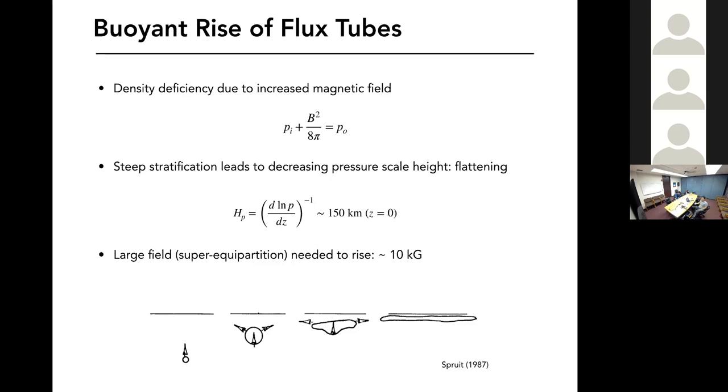This is the so-called equipartition energy, and the magnetic field required to reach it is on the order of 10 kilogauss in the deep convection zone. So in order for your flux tube to stay more or less coherent, you will need that very strong field at the bottom of the convection zone. You will need some mechanism to generate that strong field down there.